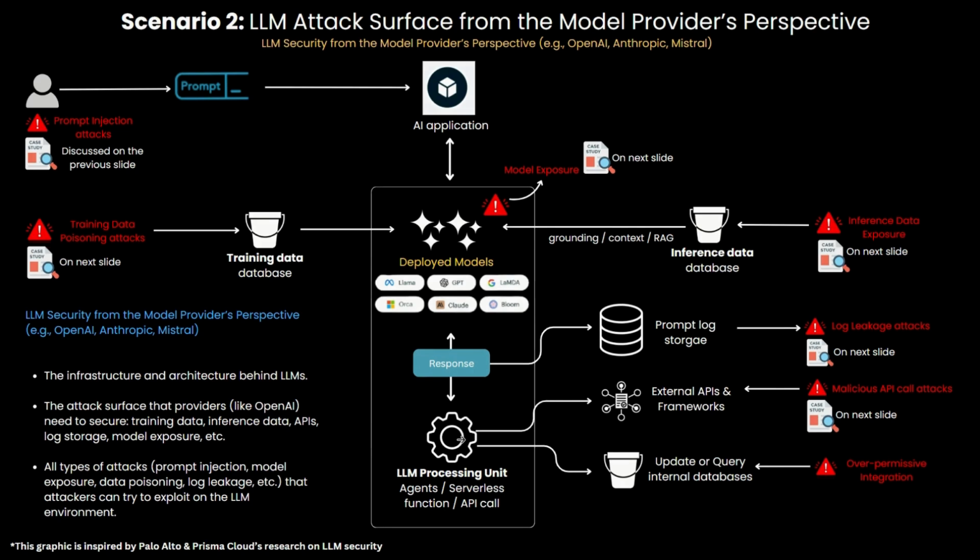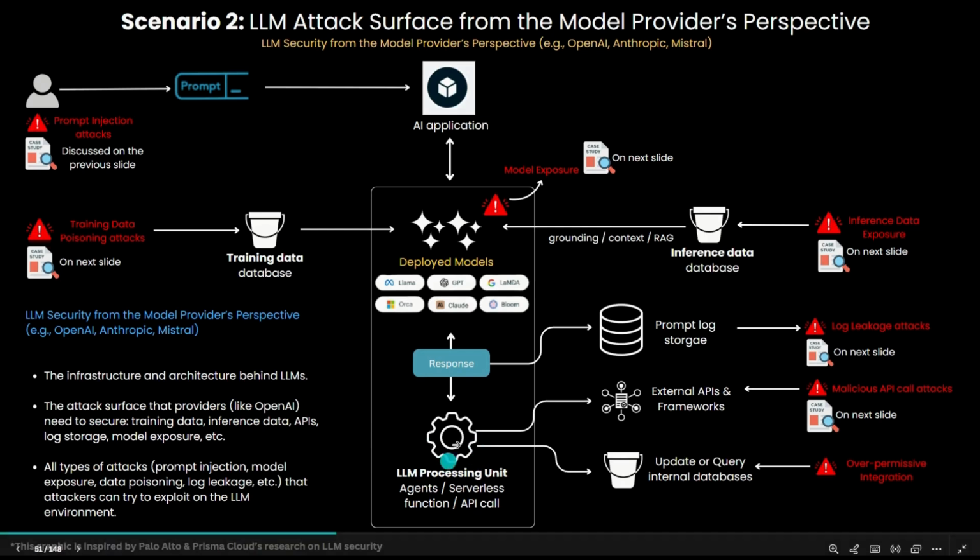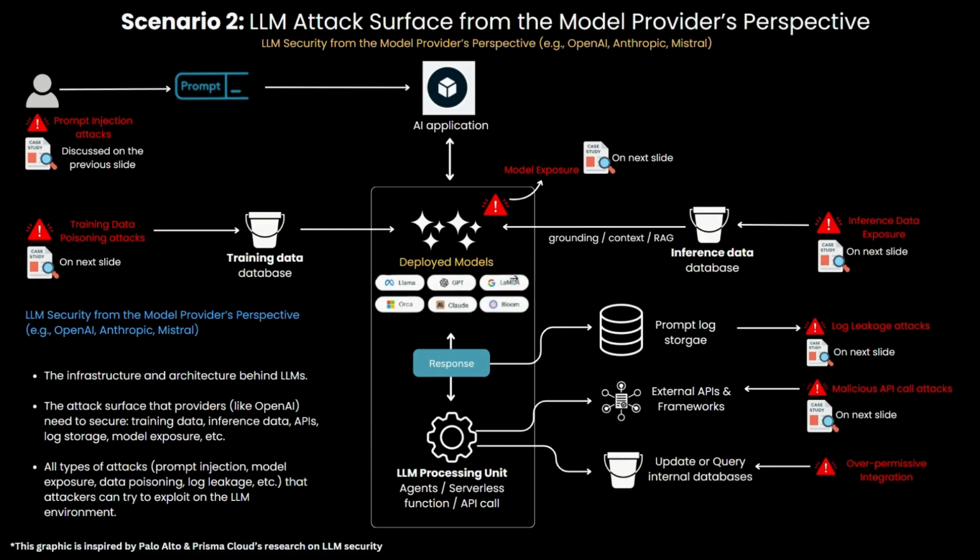And then once the prompt is ready, the LLM processing unit sends it to the deployed models, the core of the AI model layer. This is where the LLM performs inference and returns the response to the user. And surrounding this is a critical set of infrastructure components that we saw in section 2, the infrastructure and operations layer.